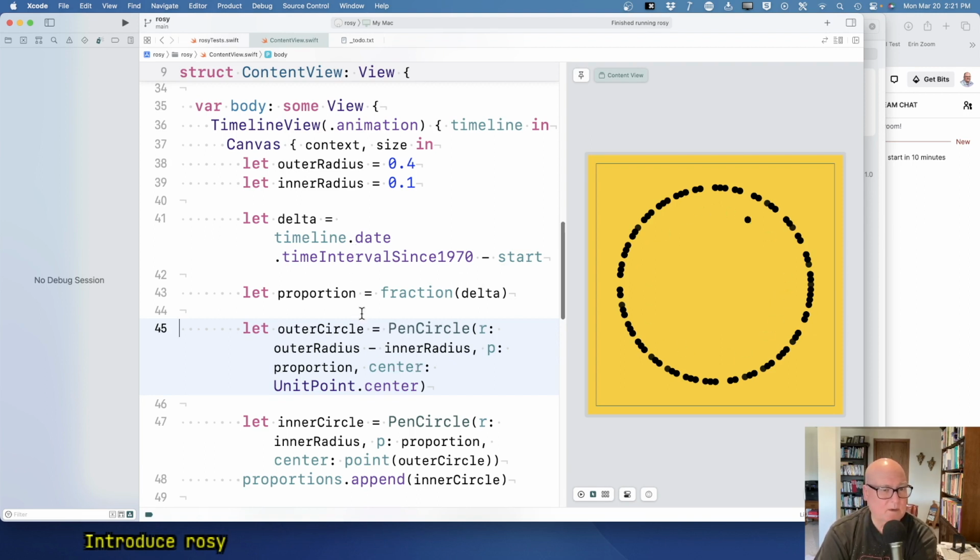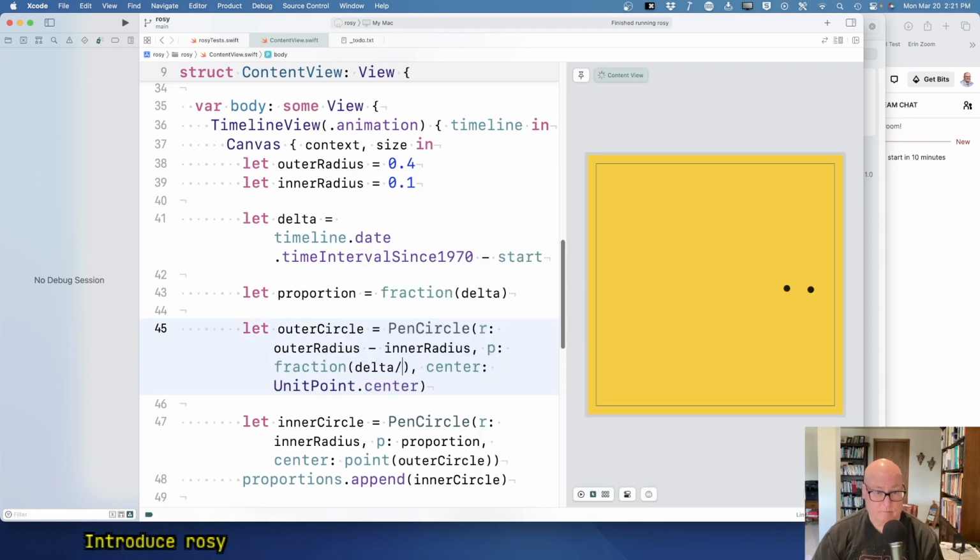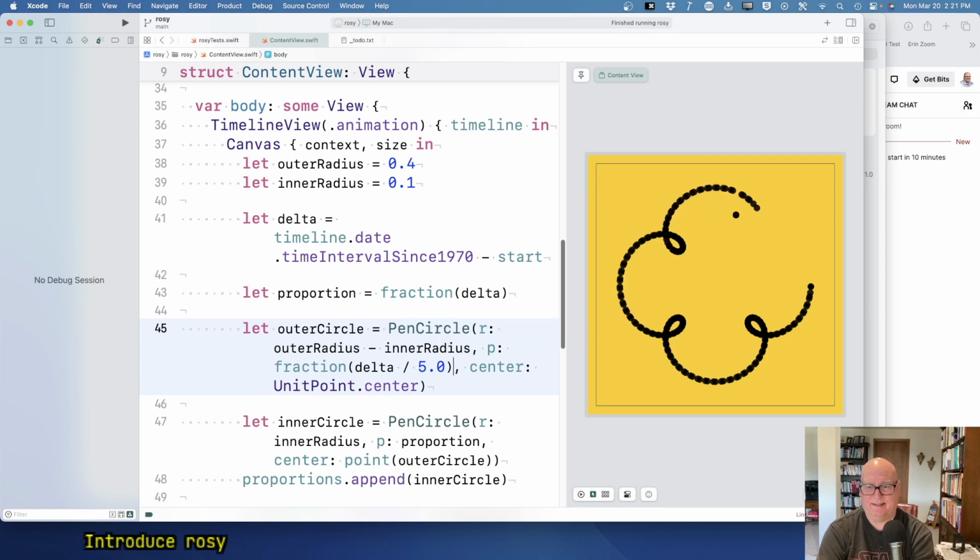So what I want to do is let's take... Let's make this proportion be... What if we divide? There we go. Oh, yeah. Hey. I like it.